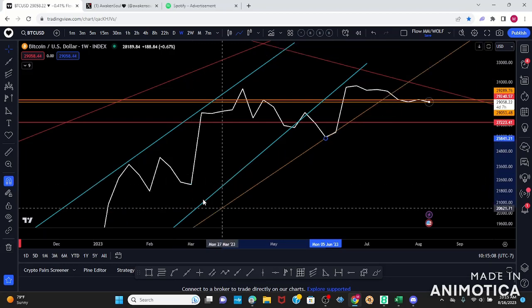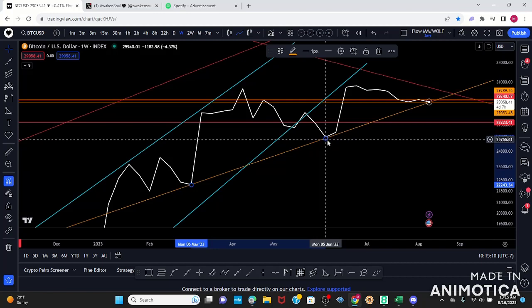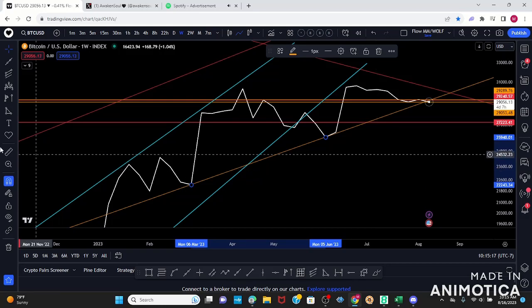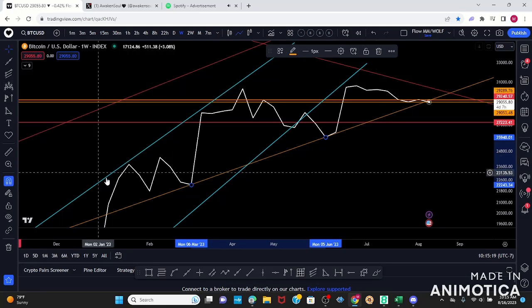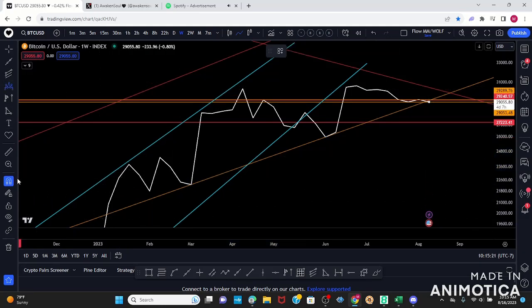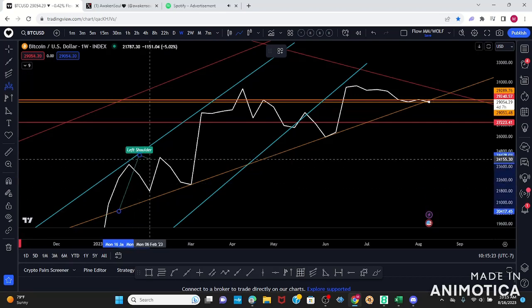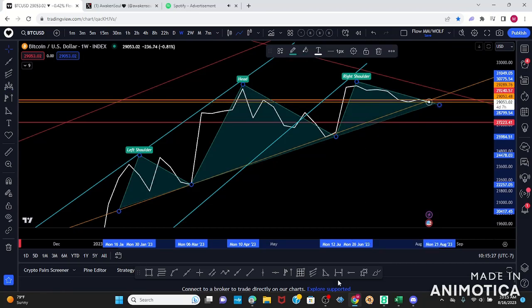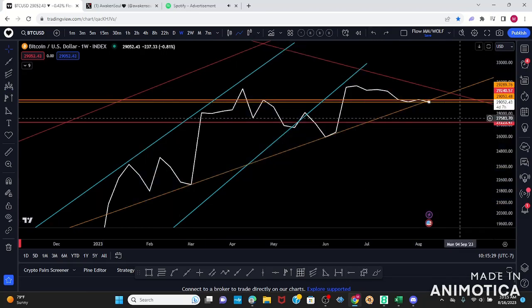I still believe BTC could come to the 12K area, and if that's the case, you've got to be ready. You have to be prepared. You have to understand the game. And I'm going to be here for you. Just know that. So just a reminder, this looks like a head and shoulders on the weekly. And we did break this weekly support.